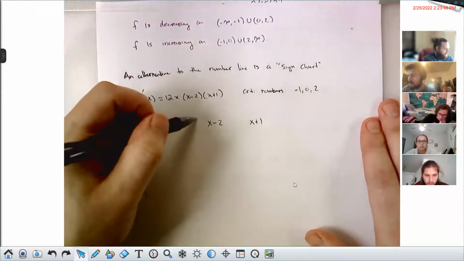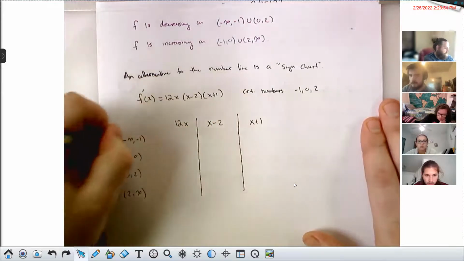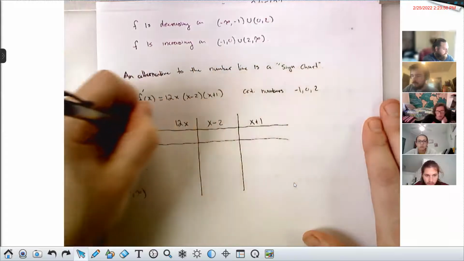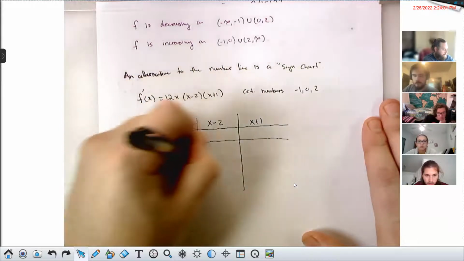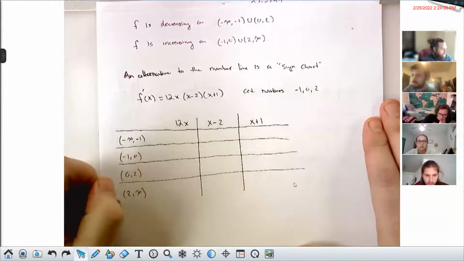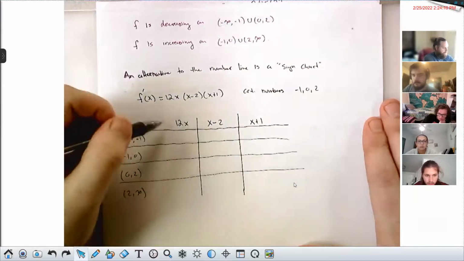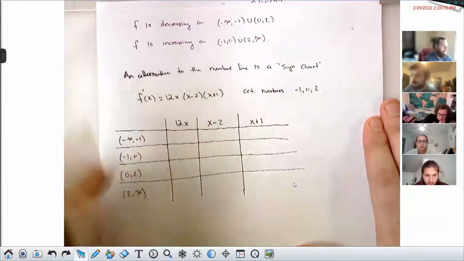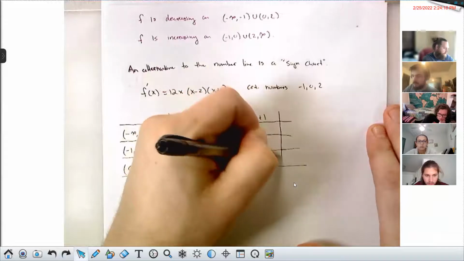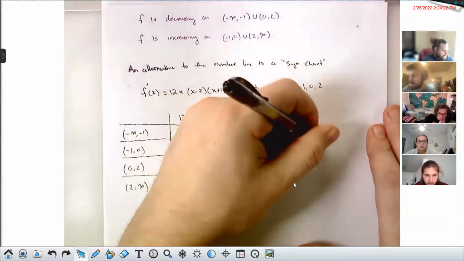And you can kind of ask yourself on each of those intervals, what is the sign of each factor? And then maybe over here I'll add f prime, which is the product of those factors.